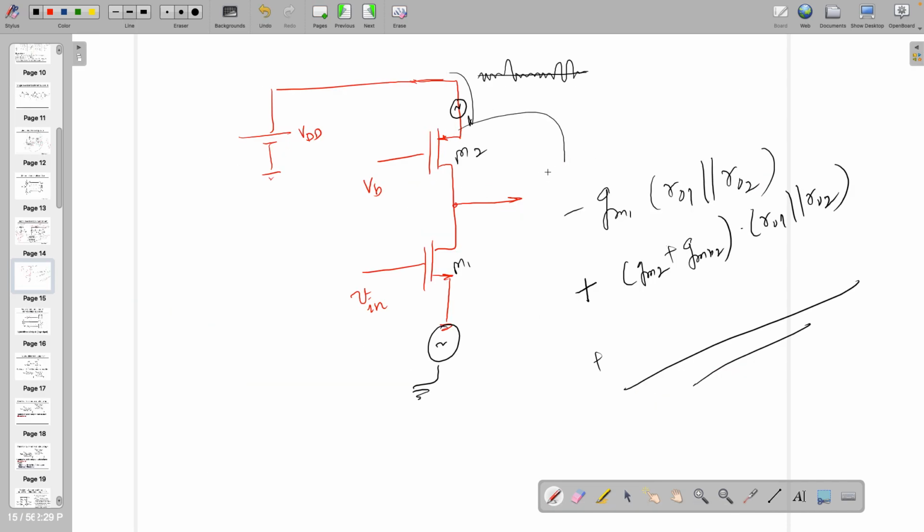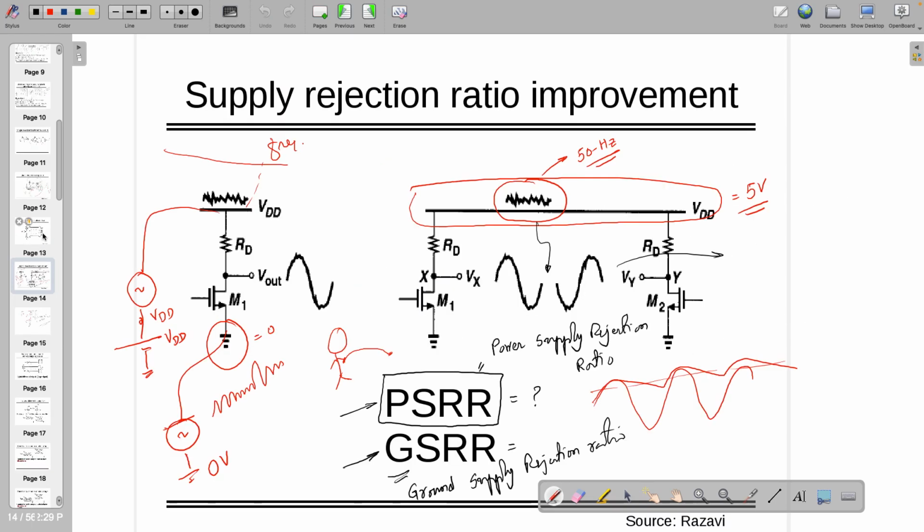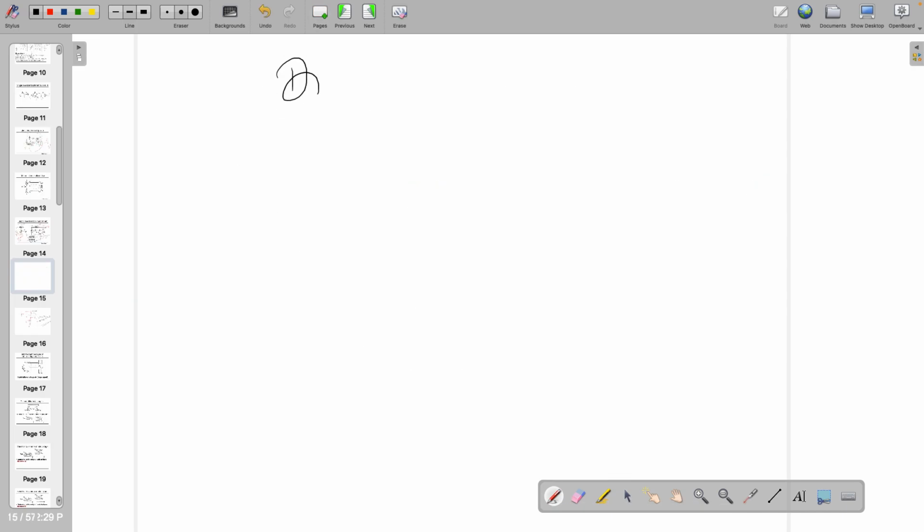If the same circuit is there here, another balanced network, then it's going to give you the same phase output. When you are taking the differential, it's going to remove that. So in that case, your power supply rejection ratio will be better, and the ground supply rejection ratio is also getting better.